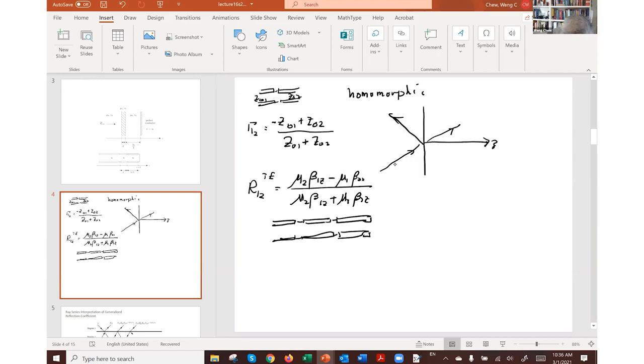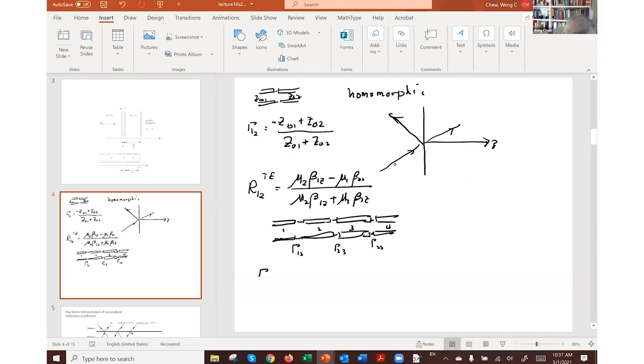You can even put a section here if you want. So if you know the local reflection coefficient gamma 1,2, say this is 1, 2, 3, 4, and the local reflection coefficient at this junction, then you can build up the generalized reflection coefficient.